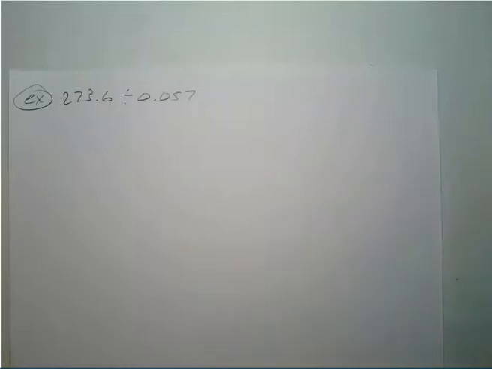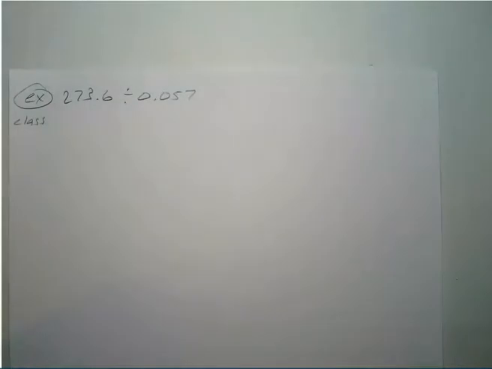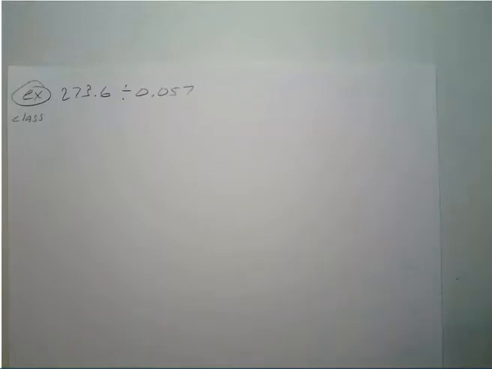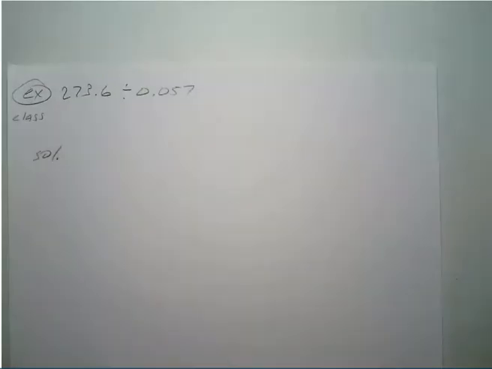All right, so I want you to press pause and go ahead and try that one on your own. Alright, so assuming you've pressed pause and worked this out, let's go ahead and verify.